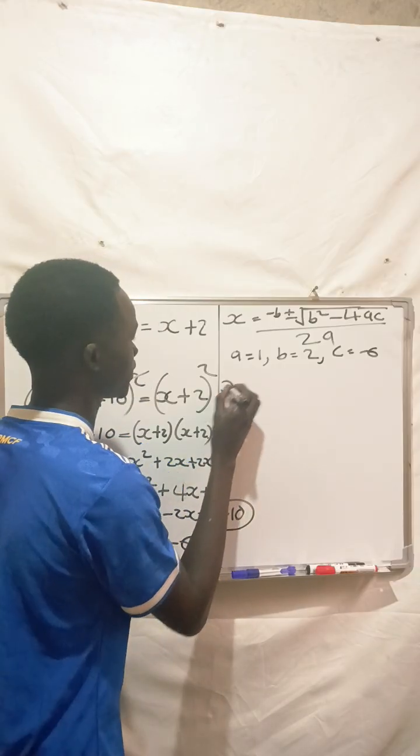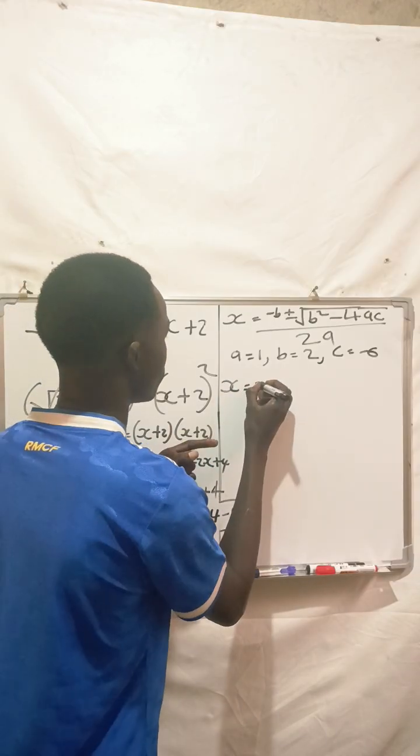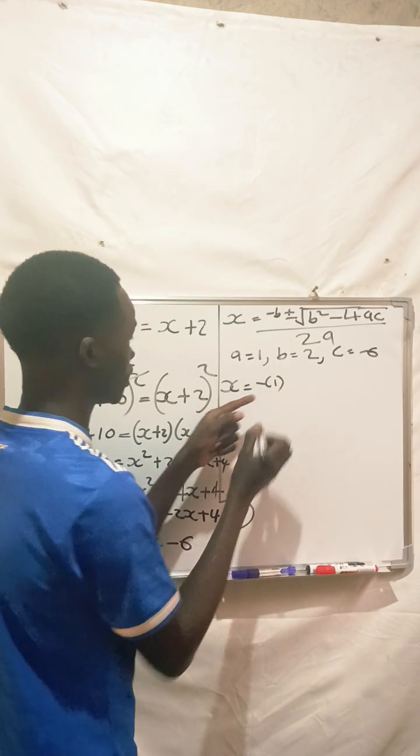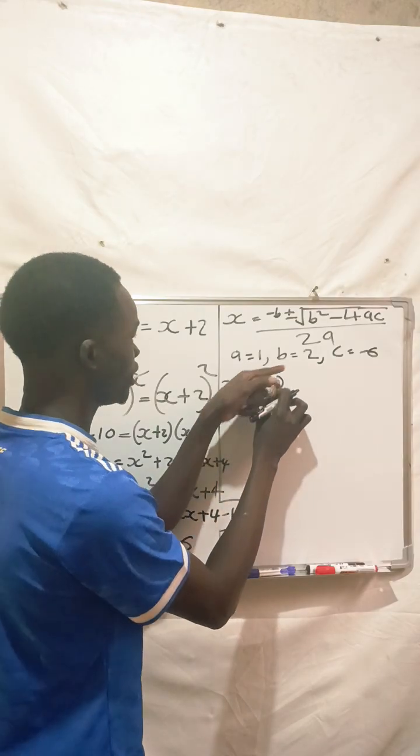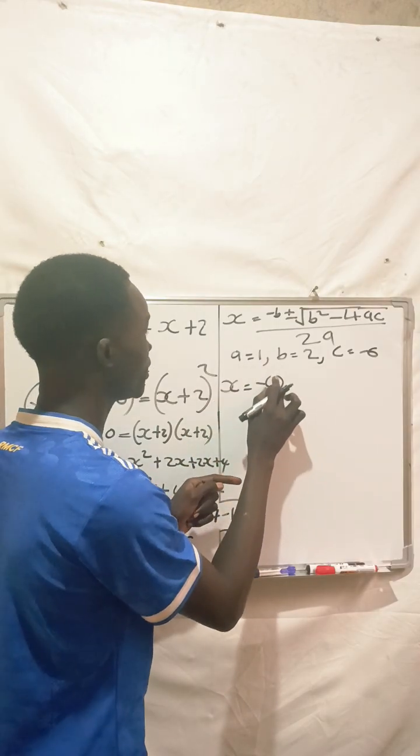Alright, now let us substitute this into our formula. It is going to be x equal to minus b. No, sorry, b is 2 here.